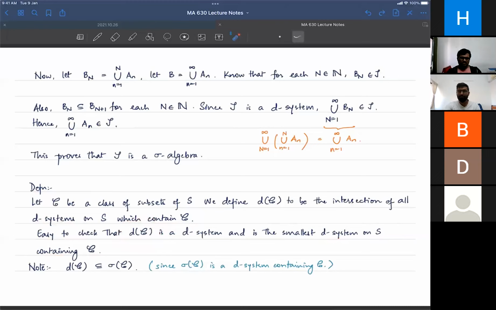So far, so good? Yes? No? Okay. Now I'm going to make another claim here. D of C is contained in sigma of C. Do you guys agree with that? So C is a family of sets.